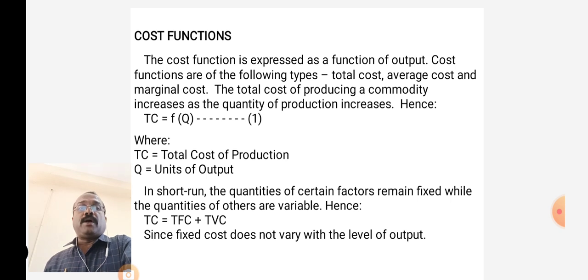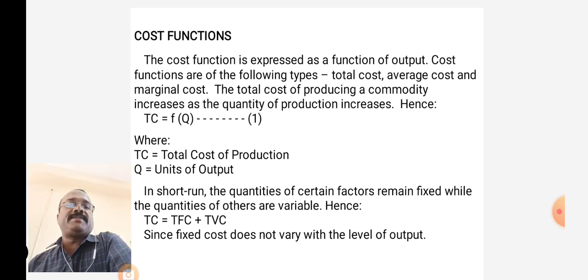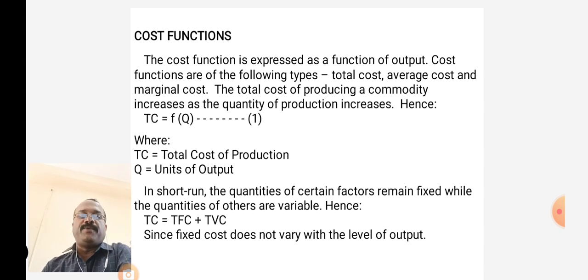So total cost is nothing but the combination of TFC plus TVC, that is total fixed cost plus total variable cost, since fixed cost does not vary with the level of output. This is what I incorporated in my first slide.